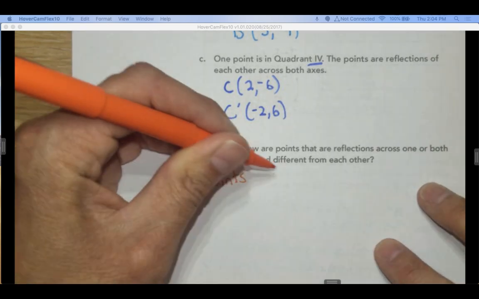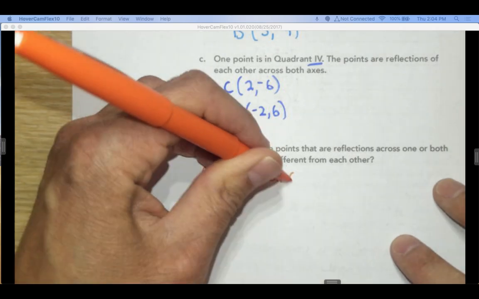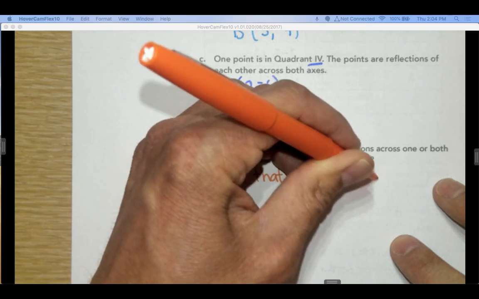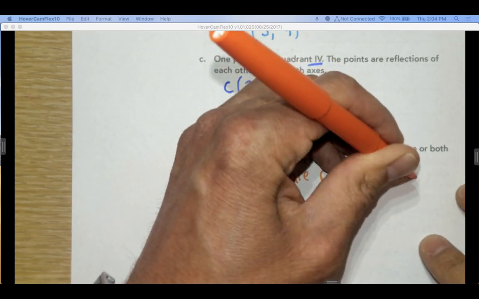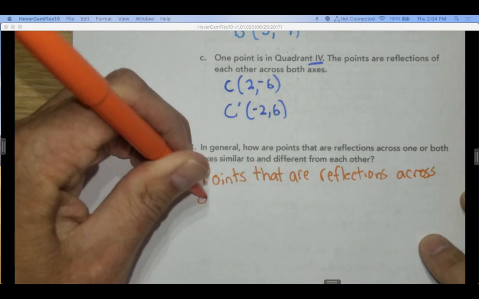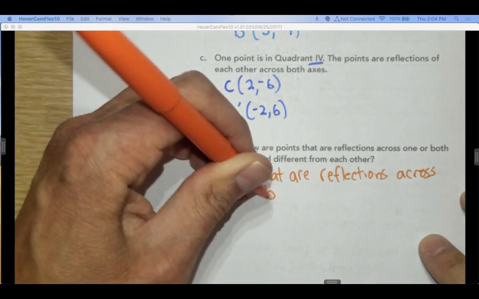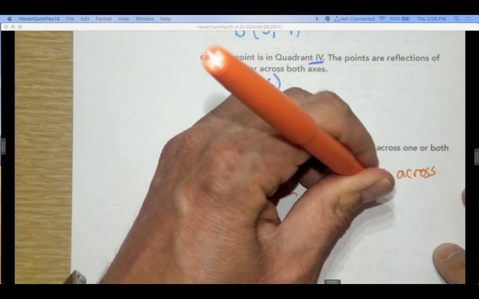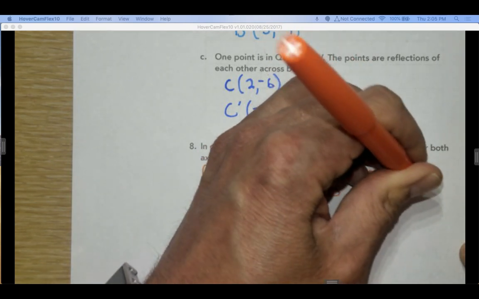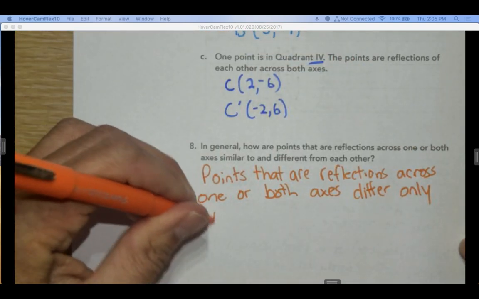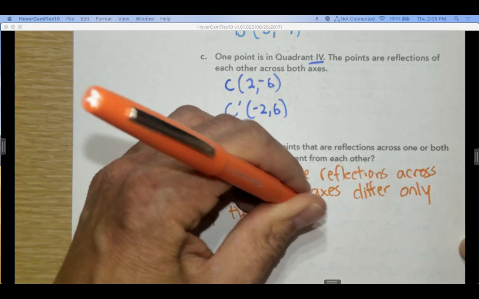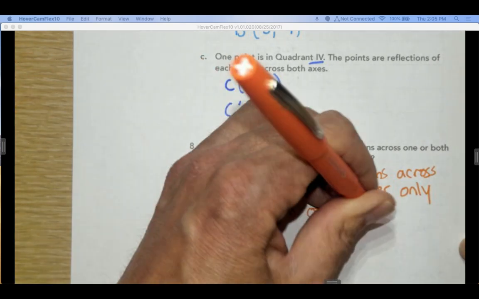Points that are reflections across one or both axes differ only by the signs of the coordinates.